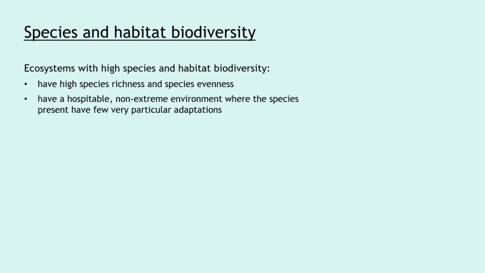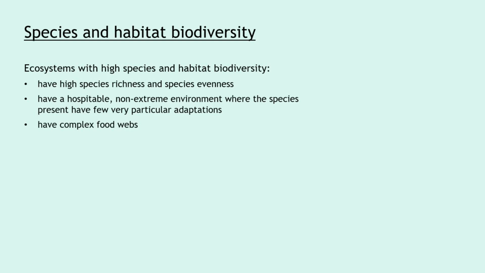This is because there is nothing extreme in this environment, and so there is no need to have any particular adaptations. And it follows from this that biodiverse ecosystems will have complex food webs and complicated trophic structures.